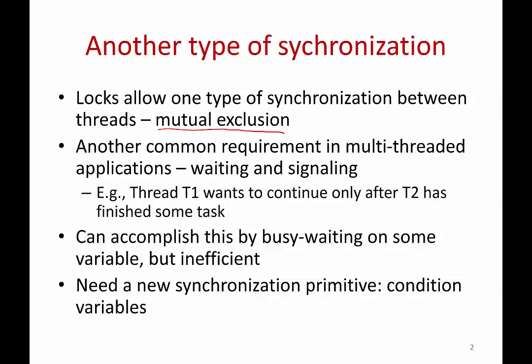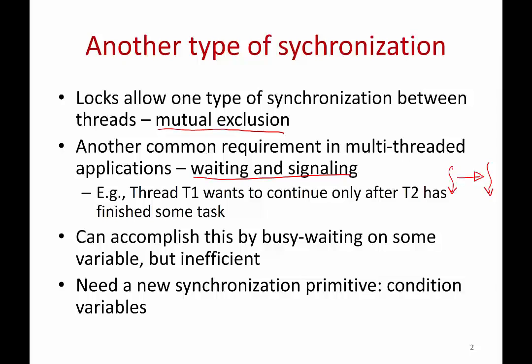But there's also another common pattern that is required when multiple threads interact, which is that of waiting and signaling. That is, one thread might want another thread to finish some job and only then it will run, right? So this thread has to finish and then it has to signal, and this thread will wait and then run at this point, right?